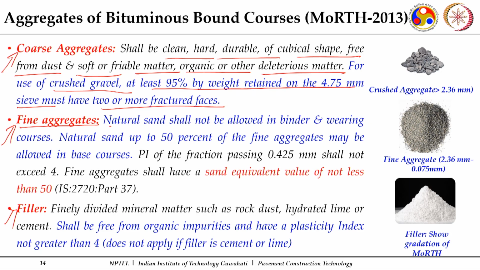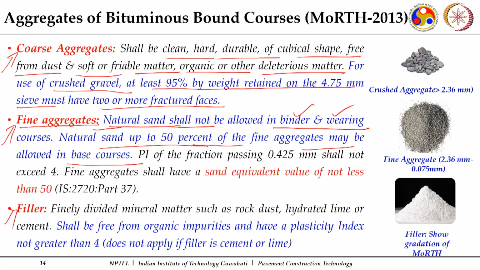Fine aggregates, it says, especially when you are using them in the binder and the wearing course. Wearing course is the top course below which comes our binder course. So, when these 2 courses of flexible pavements are there, we will not prefer to use natural sand in these 2 courses. If we go a course lower than the binder course, which will be your base course, we can use only 50% natural sand, because natural sand does not impart a good resistance towards deformation.